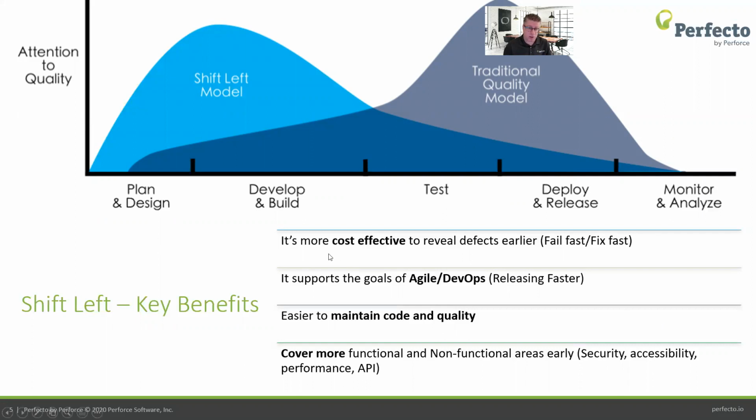Obviously, it's not just about shifting left and delivering value to your customers. It's also about failing fast and fixing fast. And when you're doing so, you're able to maintain your code and quality in a much easier way, because you're not waiting for too long until the code was integrated, and in a traditional quality model, probably you're going to find issues there.